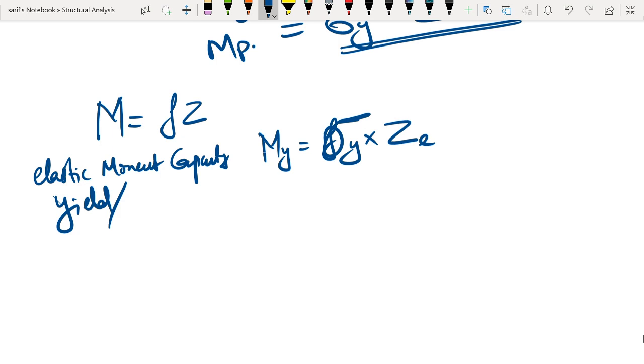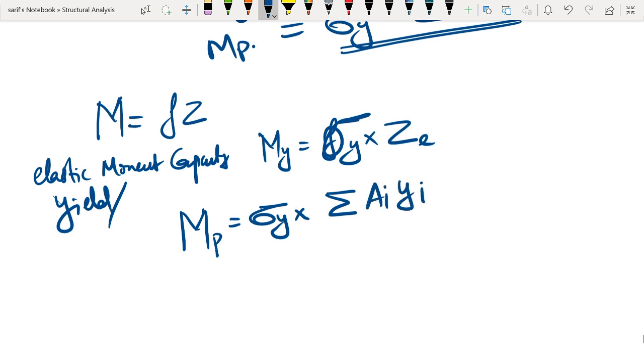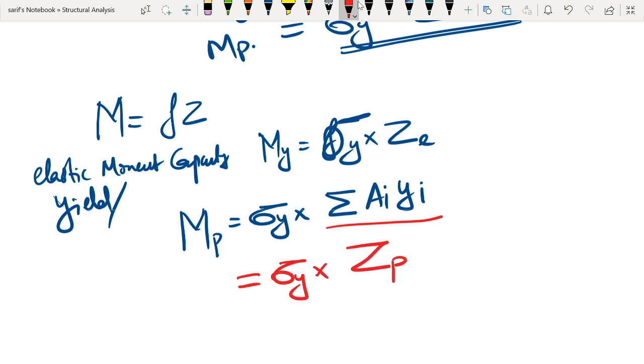Now the equation for plastic moment capacity we have derived earlier is nothing but sigma y multiplied by sigma of ai yi. Now this term ai yi, we can replace it, so Mp is equal to sigma y multiplied by Zp.